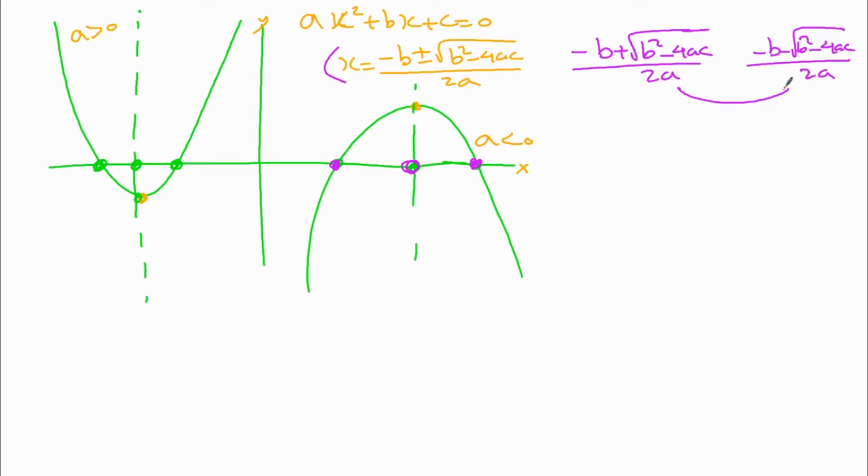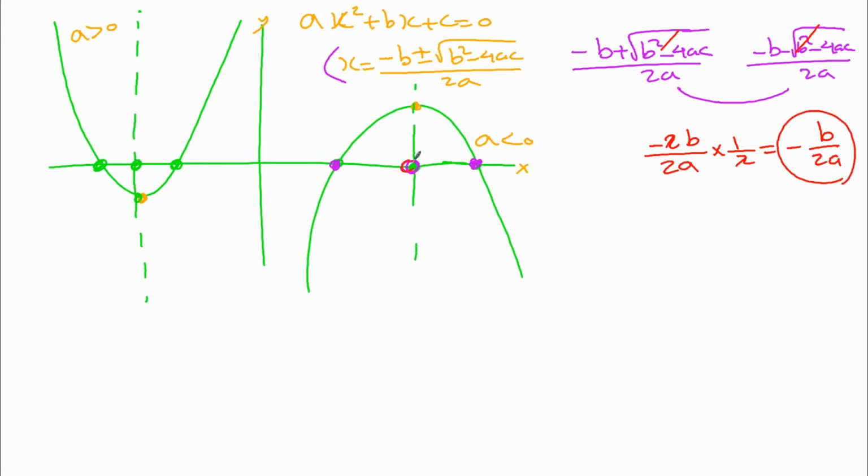When we add, they already have a common denominator, and the plus and minus square roots cancel, so I have minus 2b divided by 2a, and then I divide by 2, which means multiplying by 1 over 2. Simplifying, the answer is minus b divided by 2a.